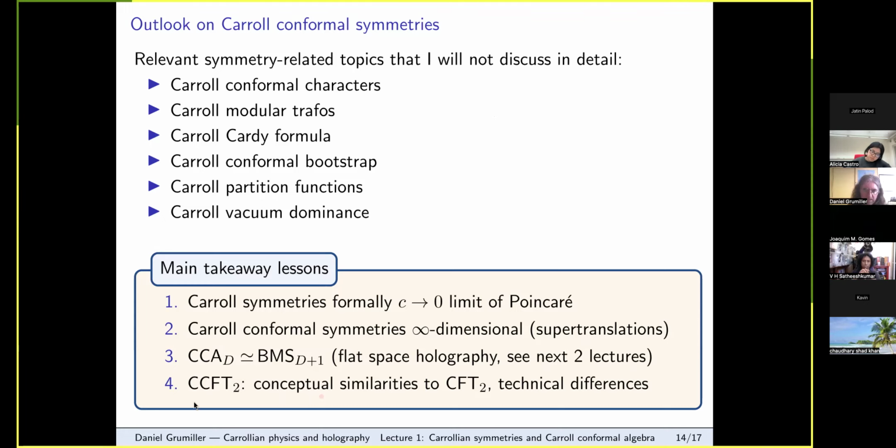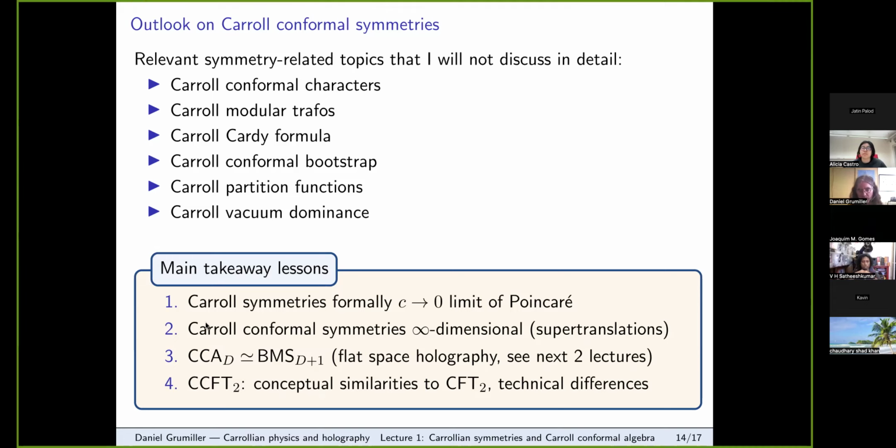And last but not least, what I tried to show in the second half of my talk is that in the particular case of 1+1 dimensional Carroll conformal field theories, there are lots of conceptual similarities to CFT2. You have characters, highest weight representations, modular transformations, a Cardy formula, bootstrap, partition function in terms of characters, vacuum dominance. But there are also many technical differences.